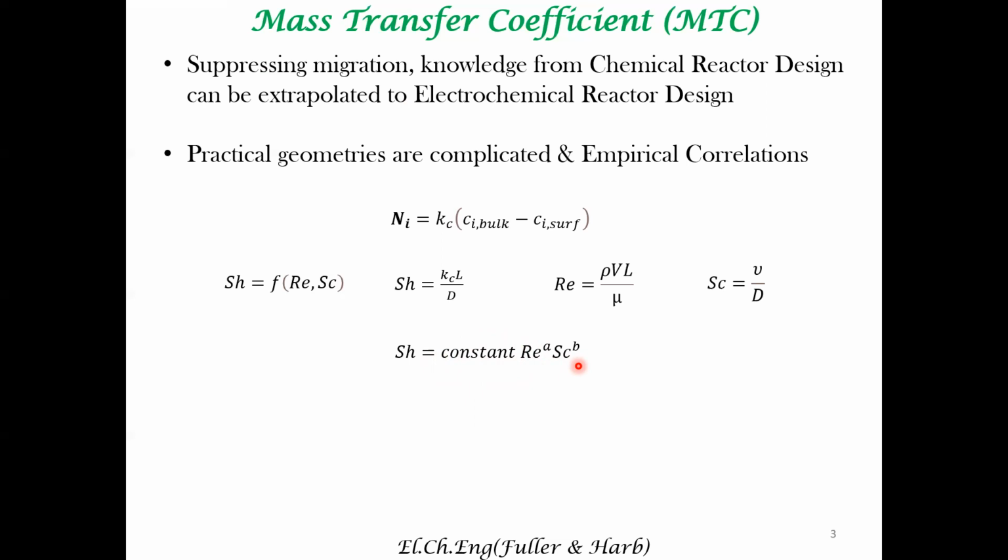Because of the importance of the mass transfer coefficient, especially in the context of chemical reactor design, lots of experiments have been done to develop correlations. However, you need to make sure these correlations are well tested, and their accuracy is reasonable for the situation at hand. Then, using such empirically developed correlations, you can fix the Reynolds number and the Schmidt number, and from there you can get the Sherwood number.